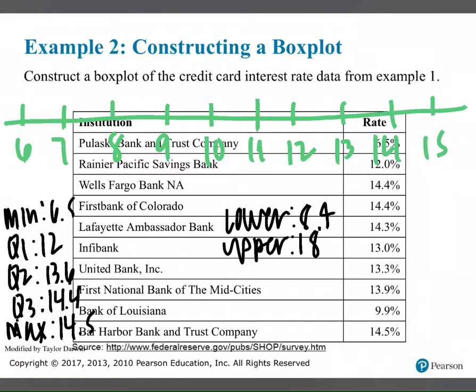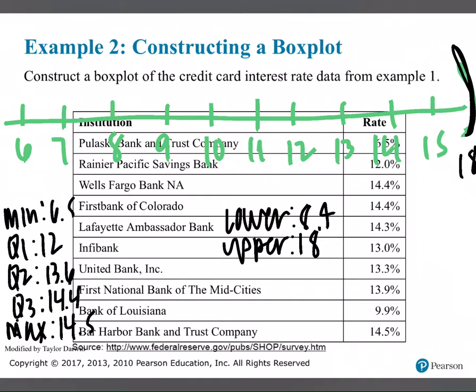Okay, so the thing I look at first is my min and max. My max is 14.5, so I know my upper fence is going to be over here somewhere, wherever 18 is. Oops, I keep trying to change colors. Sorry. Oh, it would help if my pen was on. Let's do this. So that's 18. That's outside of my data.